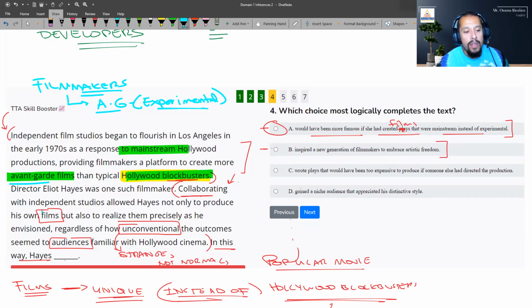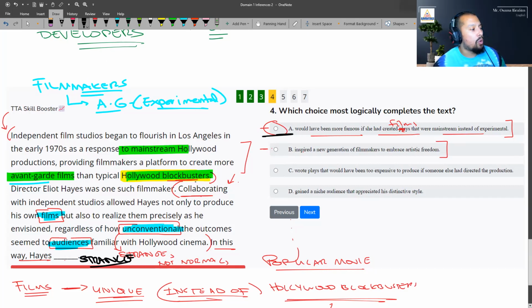And so these films that she made, regardless of how unconventional the outcome seemed to audiences, are pretty strange to audiences, not normal to audiences. We can assume answer A. So if she made normal movies or blockbuster movies, she would be more popular than if she created avant-garde, unique or experimental films.